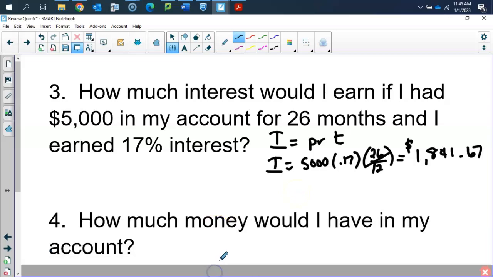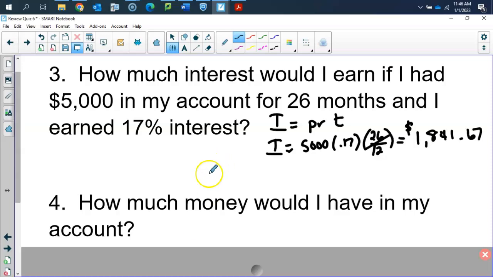Now, part number 4, how much money would you have in your account at the end of 26 months? Go. Well, in order to do this, you take your original amount, 5,000, and add your interest. So plus 1841.67.